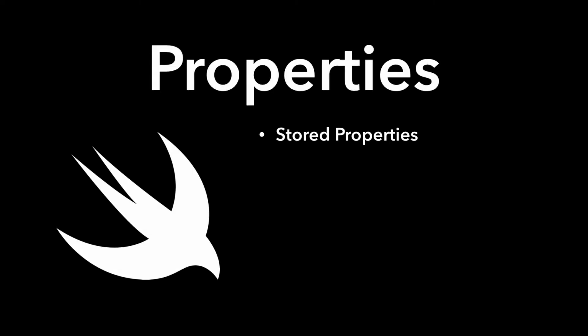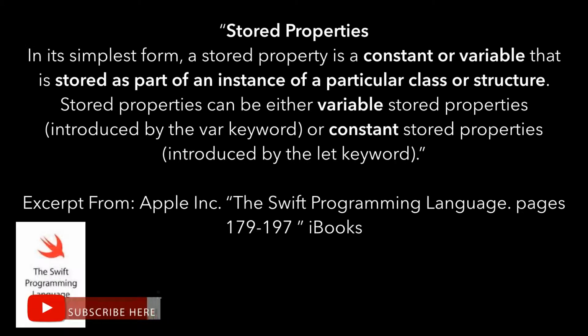Hello everyone. In this first lesson about properties, we're going to be seeing stored properties. And what is a stored property? Well, a stored property is nothing more than a placeholder for us to store a value that we are going to need to use later.